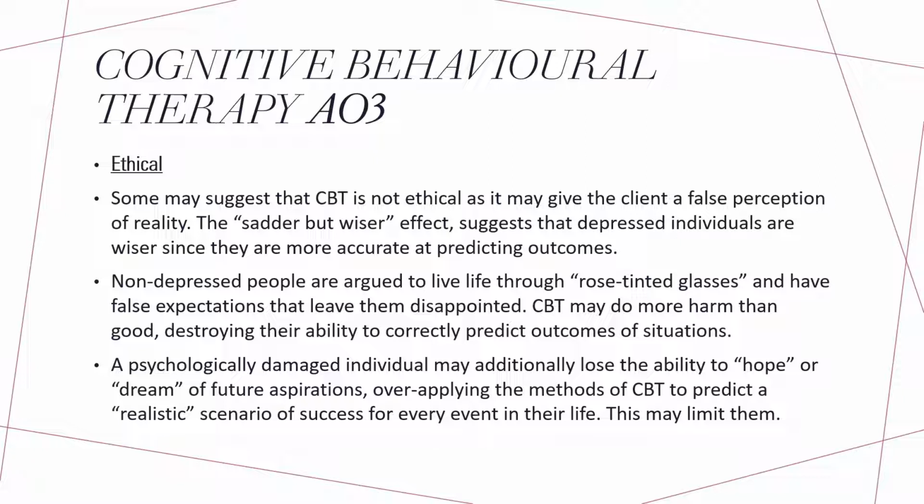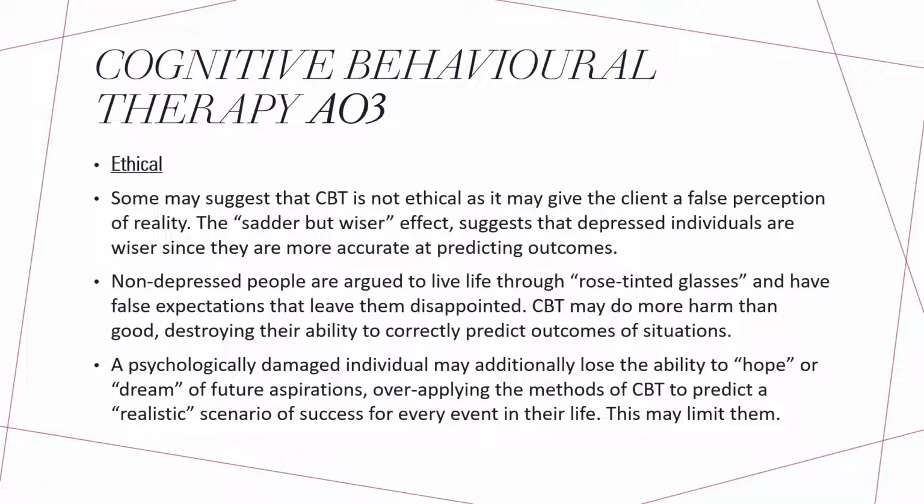Obviously, with aspirations such as making the NBA or the NFL or the Premier League, there's a lot more intricate factors such as luck or connections or talent, which is arguably not a real concept, but that may come into play. But somebody with depression may doubt themselves ever becoming a doctor based on factors outside of their predictions, because their predictions are also based on their schemas and what they've experienced before in their life.